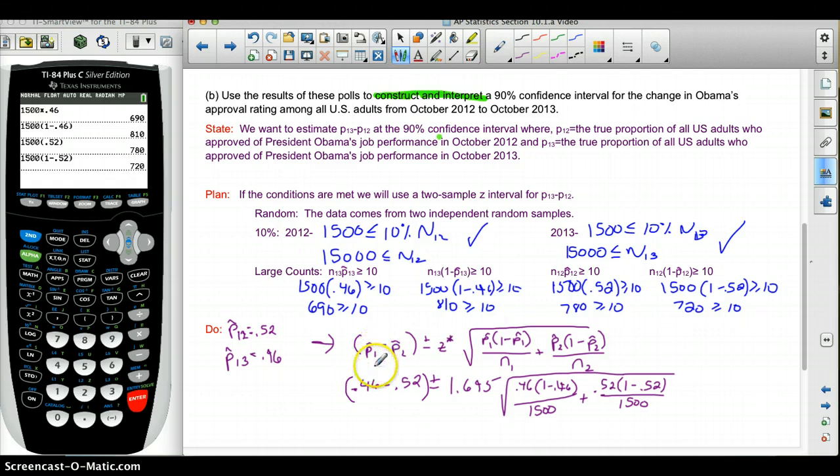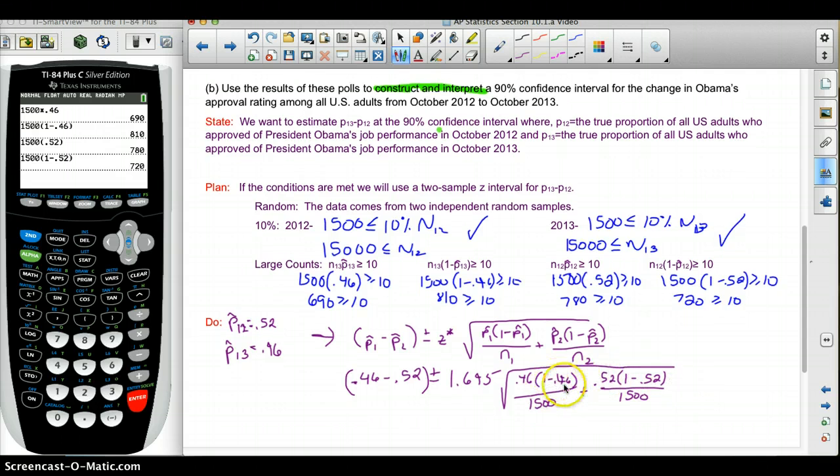Okay, so our p sub 1 for our formula is actually 0.46 because we're doing 2013 minus 2012, plus or minus 1.645. Remember, that's your z critical value, which you get from your tables because you're doing a 90% confidence interval. You then have to fill in your p hats, where you have 0.46 times 1 minus 0.46 over 1,500 plus the second parameter. Okay, remember this is your standard error that we calculated up above.